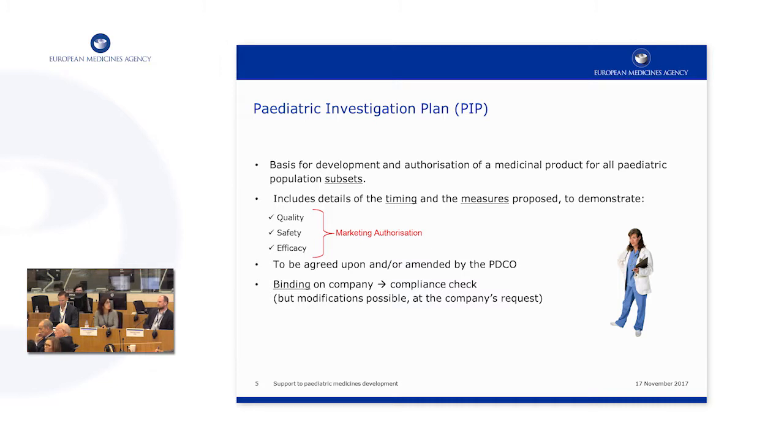A PIP includes details of the timing and the studies proposed in order to demonstrate quality, safety, and efficacy in order to fulfill the marketing authorization criteria. A PIP should be agreed upon or amended, as we will see later, by the Pediatric Committee, and also is binding on the company, which means that before marketing authorization application, for instance, a compliance check will need to be done.